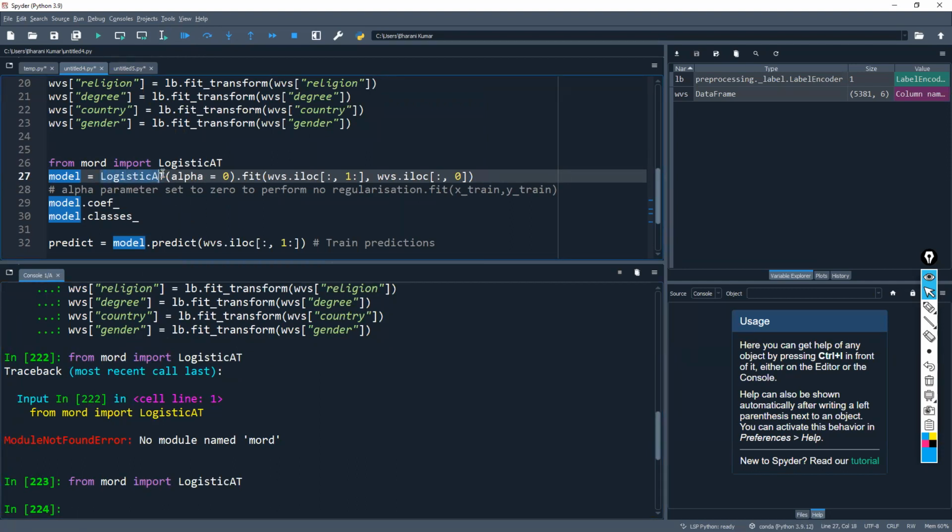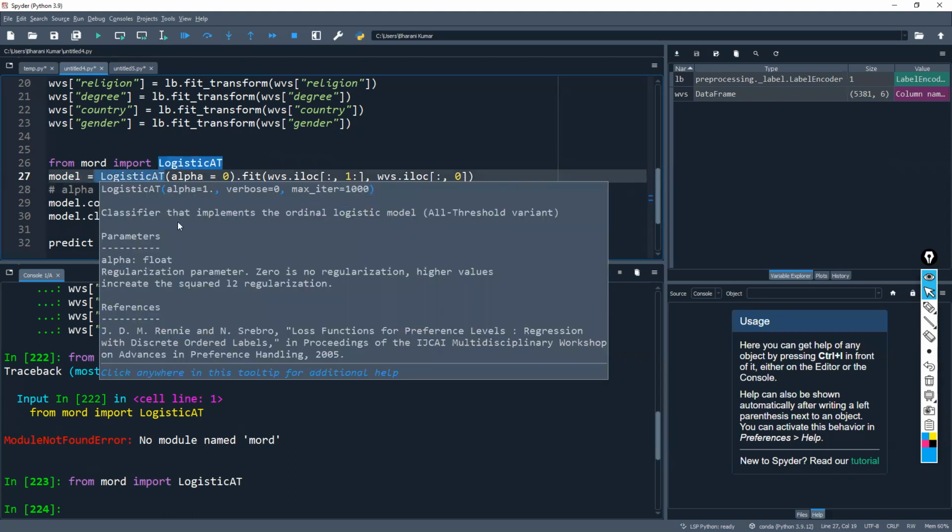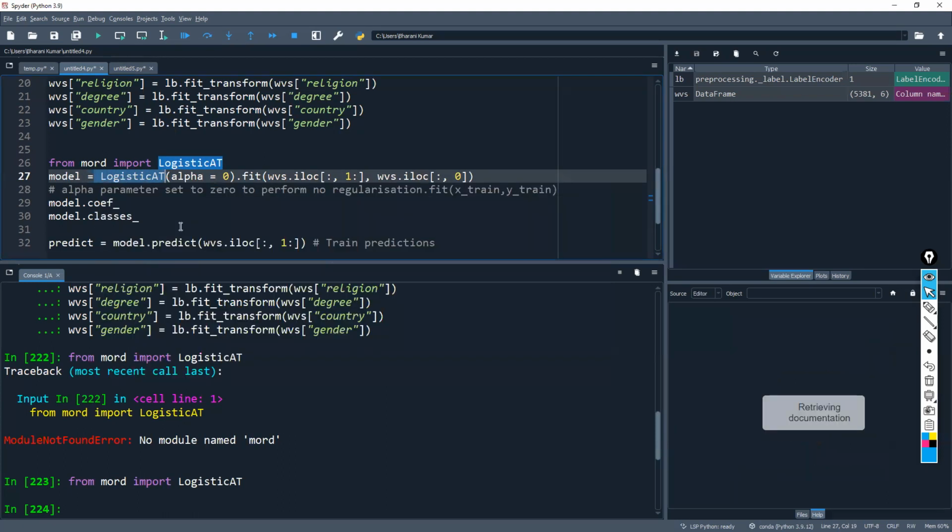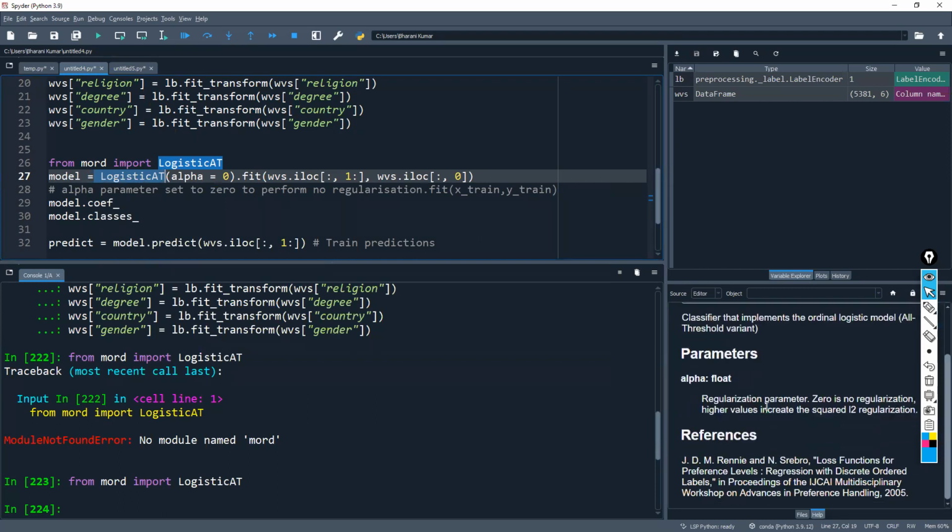Here, LogisticAT, which is nothing but ordinal, alpha equal to 0. When you say alpha equal to 0, you are saying that I do not want to perform any regularization, because you have alpha equal to 1, alpha equal to 2. Those are all regularization techniques.